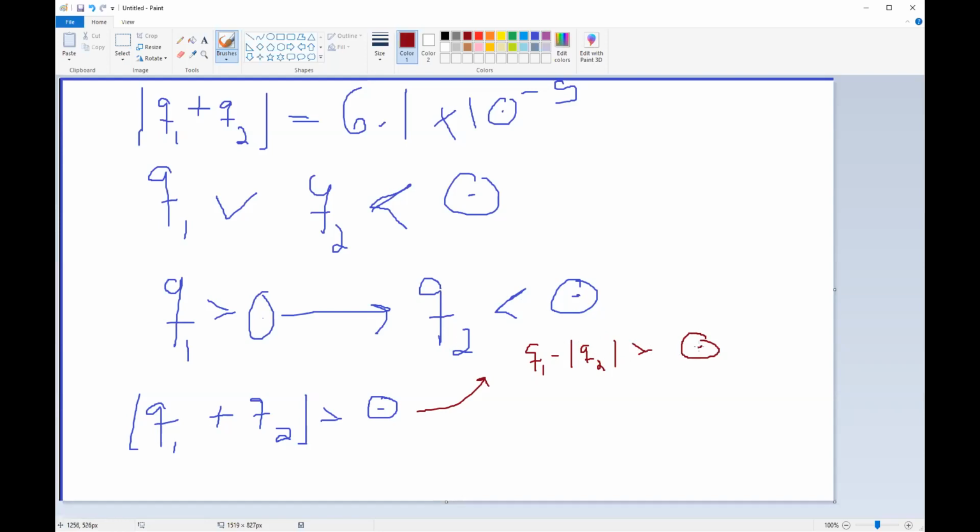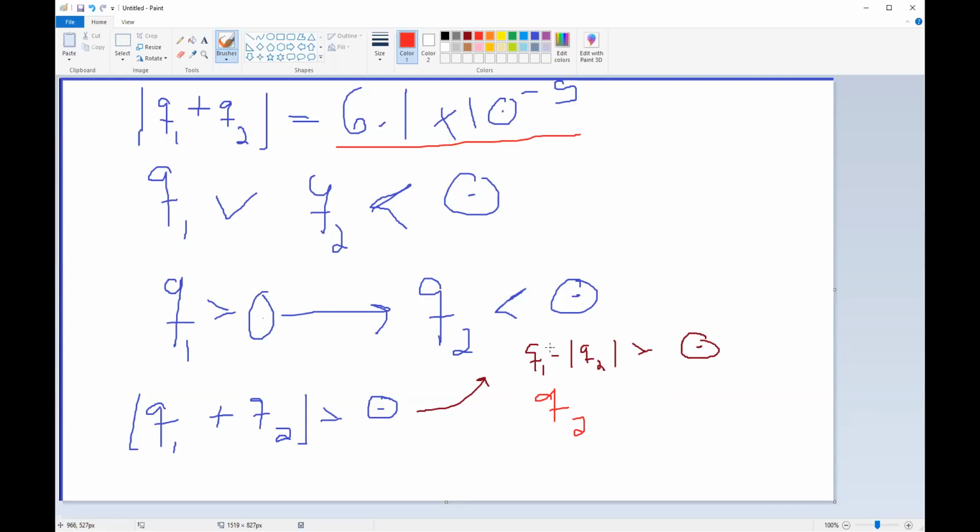I know inequalities can be kind of hairy to look at, but what you'll find is that the fundamental qualities of everything to do with physics and math are inequalities. It doesn't even really matter what the values are, it's inequalities or ratios that matter. This is greater than 0, which means that Q2 is negative, which we already worked out, and Q1 is positive because we defined them that way.